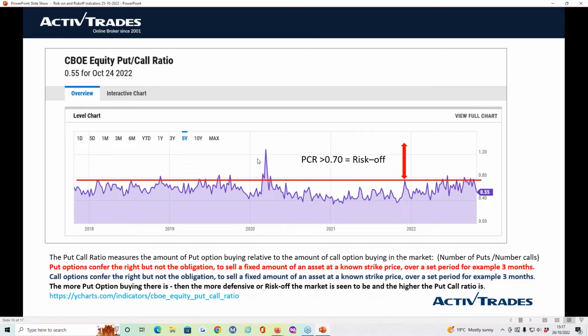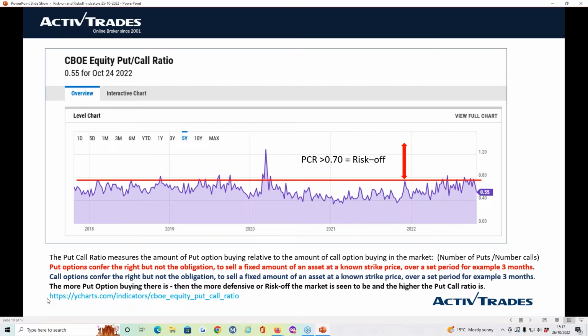You can see how high the put-call ratio spiked here as we had the COVID sell-off in the spring of 2020. This, by the way, is a 5-year chart, so this is quite condensed, but it is possible to view this on all of these different time frames, ranging from 5 years down to 1 day. Now, again, this is an indicator that you can pay to receive, but it is available for free if you know where to look.